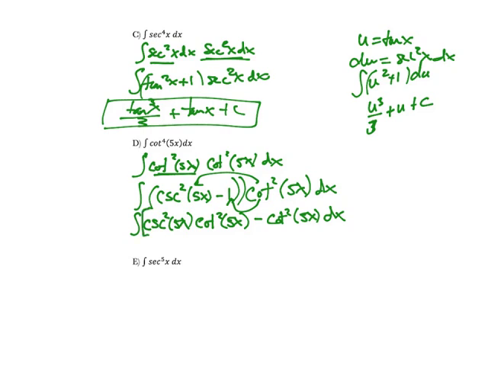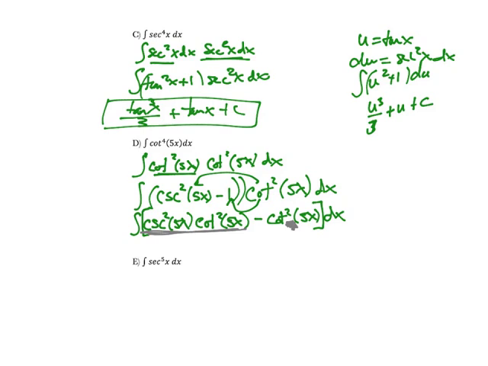So I'm okay for this part because u could be cotangent and du would be cosecant squared, but I can't do this yet. So I need to change that cotangent squared to cosecant squared minus 1.